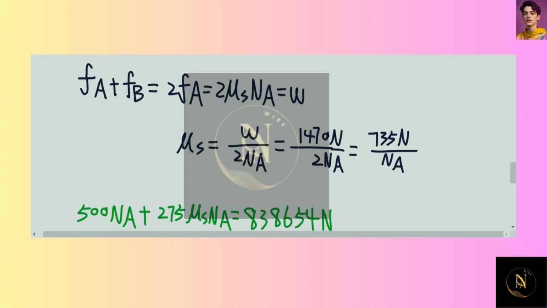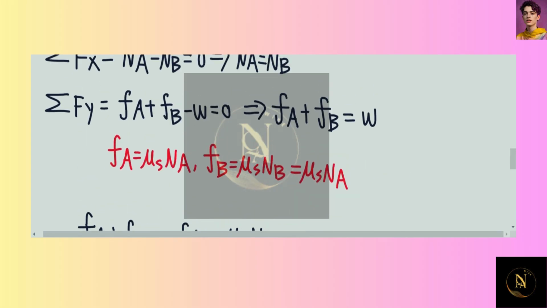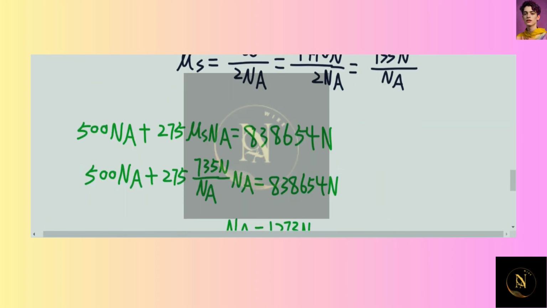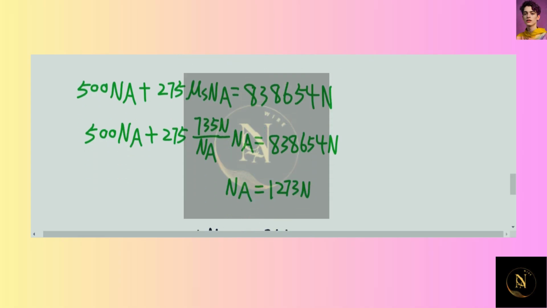Remember, 500 NA plus 275 mu s NA is equal to 654 Newtons, based on the equation here. So now we can use 735 Newtons over NA to substitute for mu s, and this will give us such an equation here. As you can tell, NA can be cancelled out. So eventually we'll have NA is about 1273 Newtons.